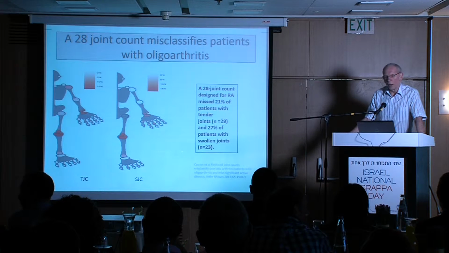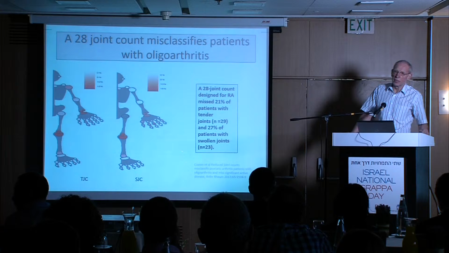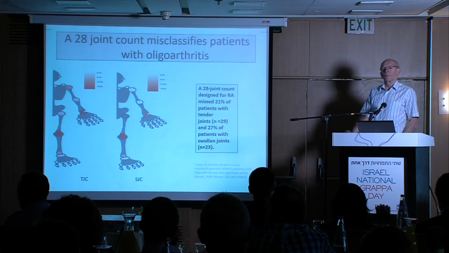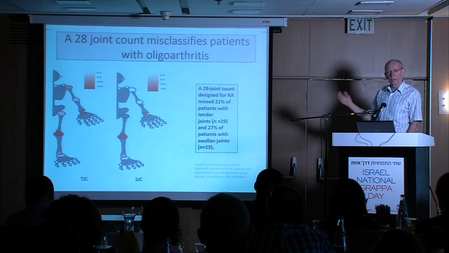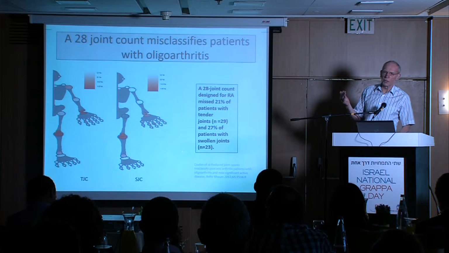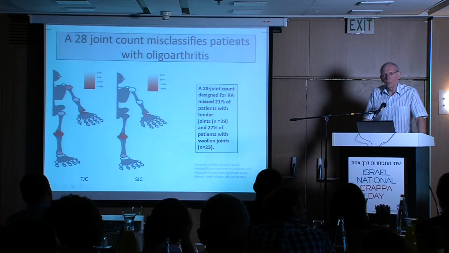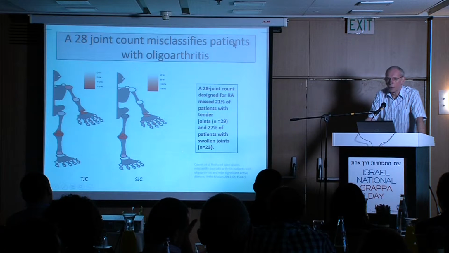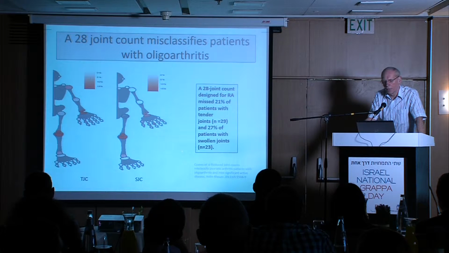And in the UK, in particular, with regard to NICE and TNF drugs, we assess patients at baseline and at 12 weeks in order to assess their ability to continue with the drugs. And if you don't do the full joint count, then you will miss a significant proportion of patients who are responding to TNF drugs.